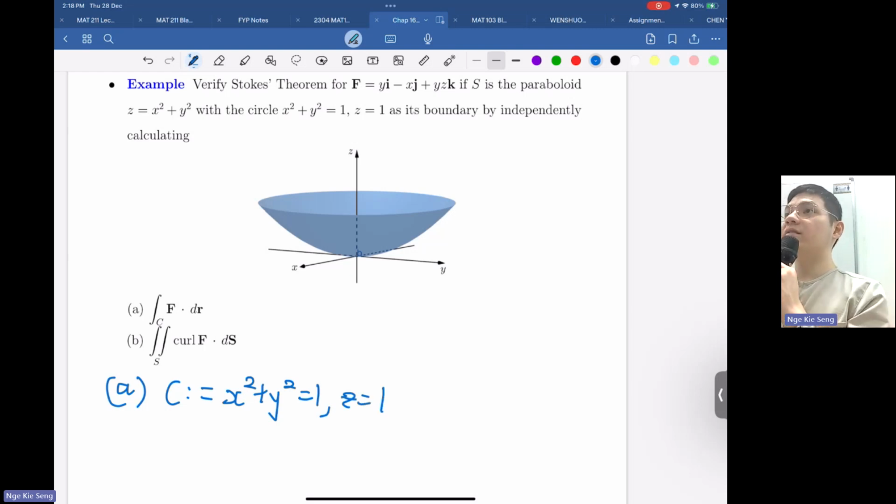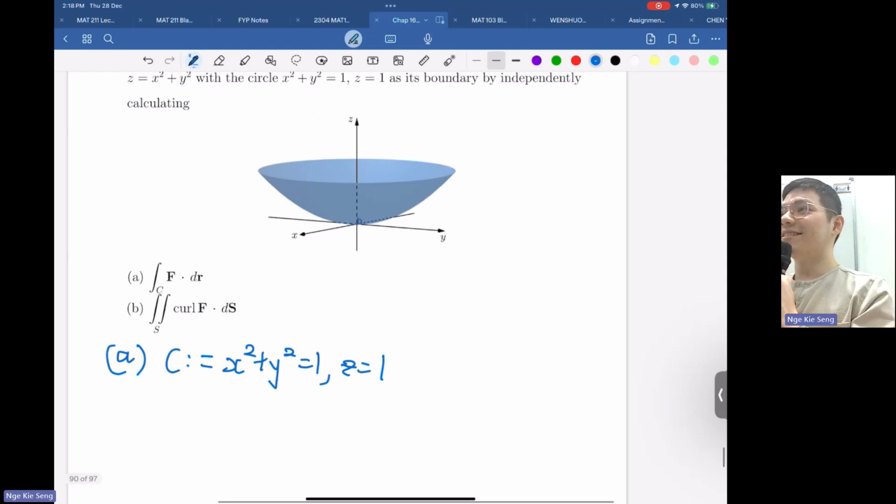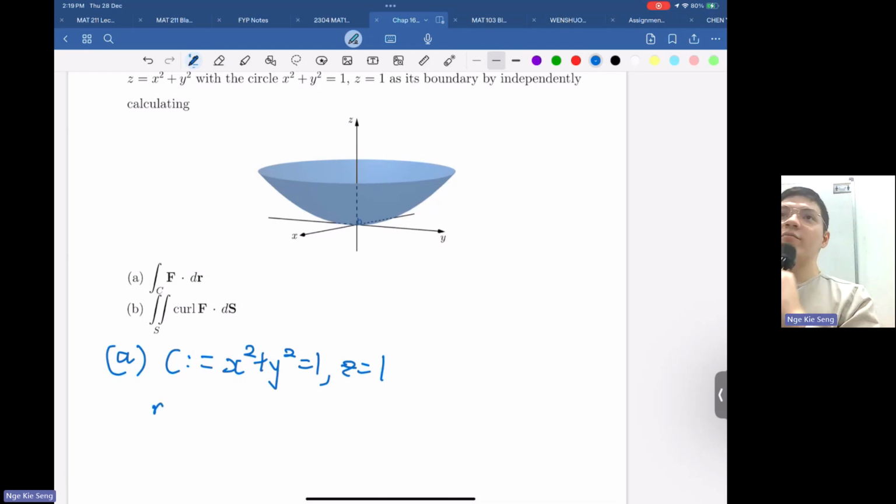Let's parameterize this. How many variables do I need to parameterize the line? One, because it's just a real line, so you need one variable, time t. This is a circle.